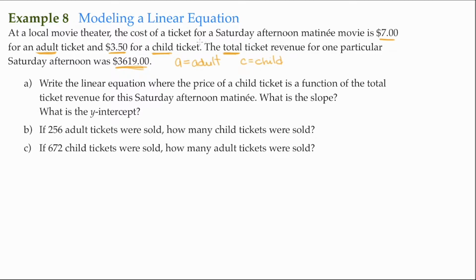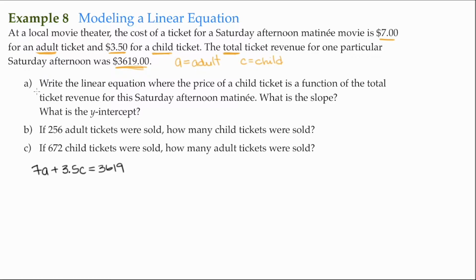So as a linear equation, I guess we could write it as 7a plus 3.5c. That's going to equal 3,619. And as you can see, this is in standard form, ax plus by is equal to c, except we're using a and c rather than x and y. So this is the linear equation that models this scenario.